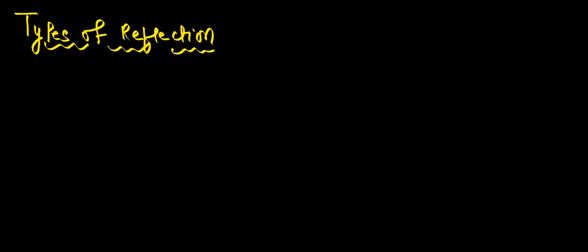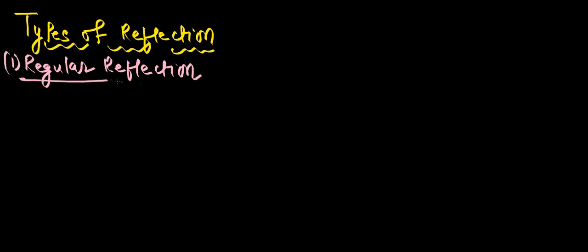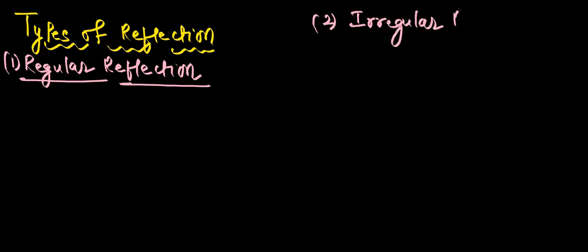Ma'am, regular reflection occurs on smooth surfaces, like plane mirrors, highly polished surfaces. But irregular reflection occurs where the surface remains uneven.